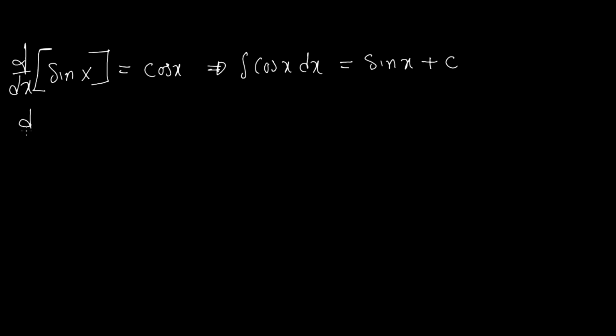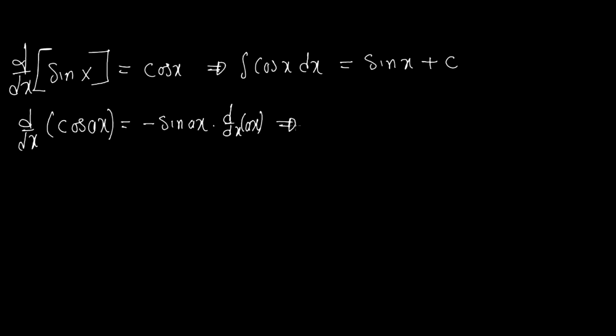So I'm no longer going to put x alone here. I'm going to put ax to be our angle. So the derivative of cosine of ax is equal to minus sine of ax times the derivative of ax.